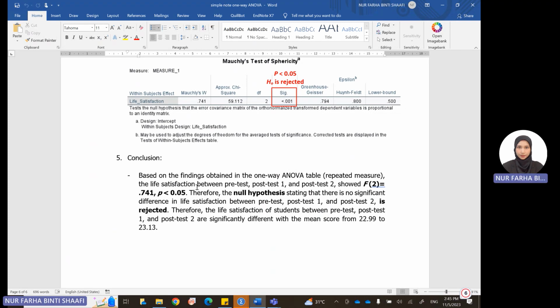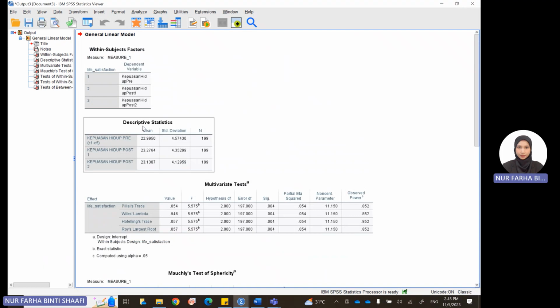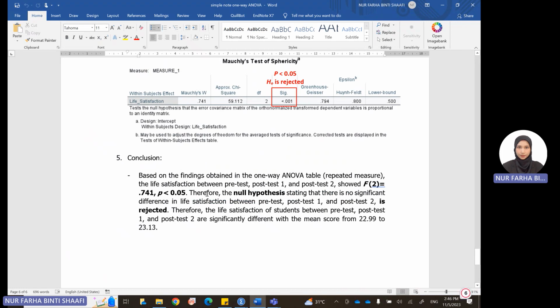Let me show you. Here, you get the mean value. If you do research, you need to report this in your study. This is how you report in your study.